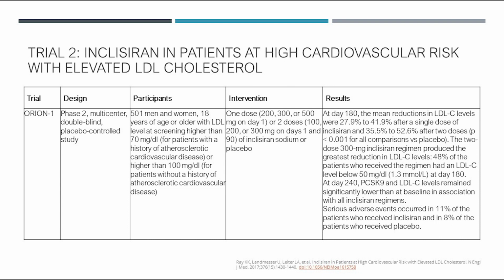In fact, 48% of the patients who received the regimen had an LDL level below 50 milligrams per deciliter at 6 months. At day 240, PCSK9 and LDL-C levels remained significantly lower than at baseline in association with Inclisiran regimens.